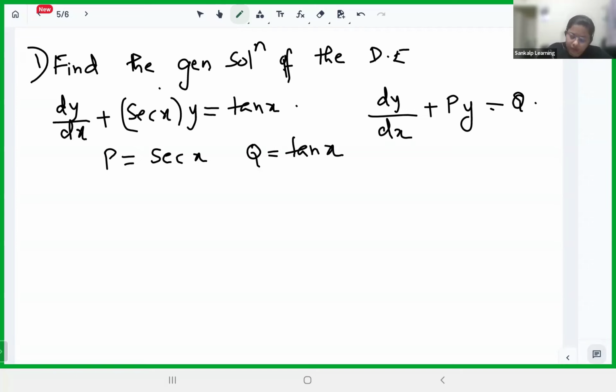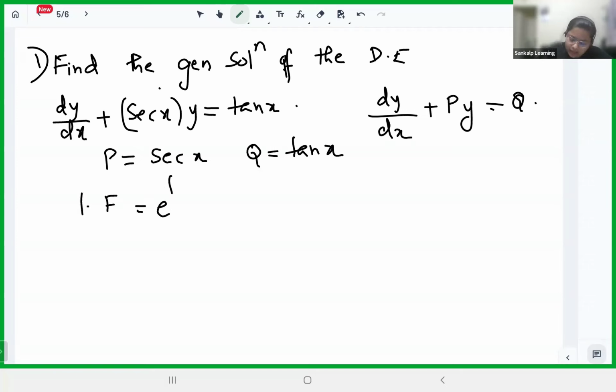Now what you have to do? You have to find out the integrating factor, that is e raised to integral P dx. That is e raised to integral sec x dx. What is integral sec x? It is log mod sec x plus tan x. So it is e raised to log mod sec x plus tan x.